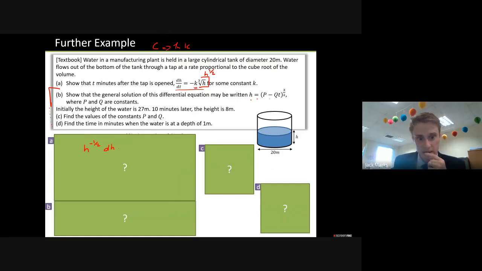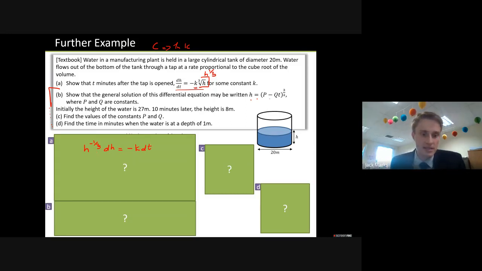Move the dt up here, and I think I will just leave the minus k there. Oh, sorry, that's the cube root. That's the cube root there. So that should be minus a third. That's why you have to check over your work, things like this. So h to the minus a third dh equals minus k dt.